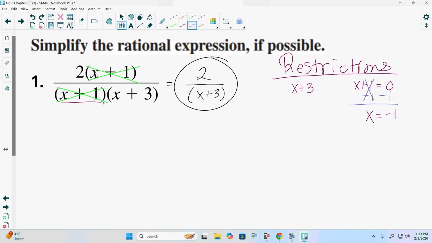It doesn't matter that the numerator is also 0, because 0 divided by 0 does not work any more than 2 divided by 0. So x cannot be -1. We're going to do the exact same thing with x plus 3. These cancel, telling me that if x is -3, we'd have a denominator of 0. So the other value of x that we cannot have is -3.